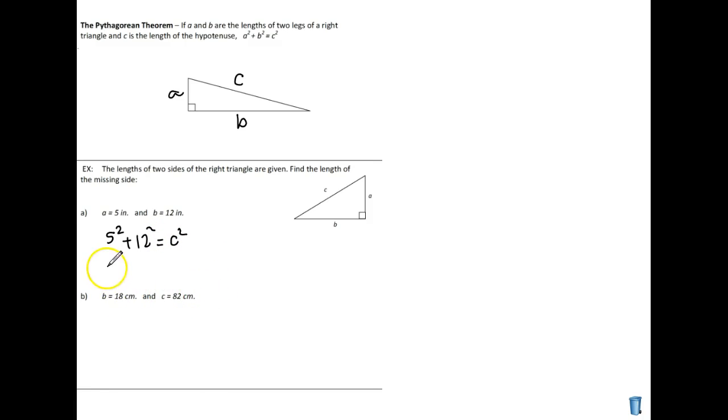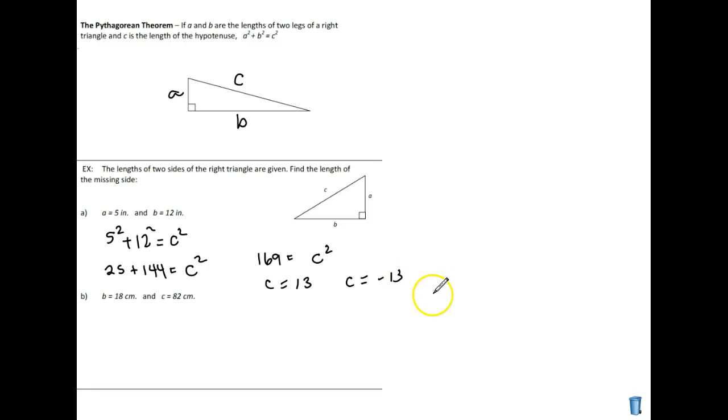So we get 25 plus 144 equals C squared, or 169 equals C squared. To solve this, we ask, what number when I square it gives me 169? The answer is there are two: C equals 13 and C equals negative 13.